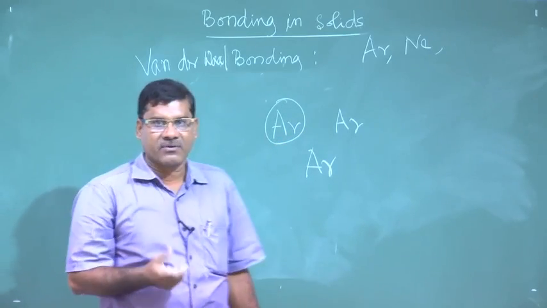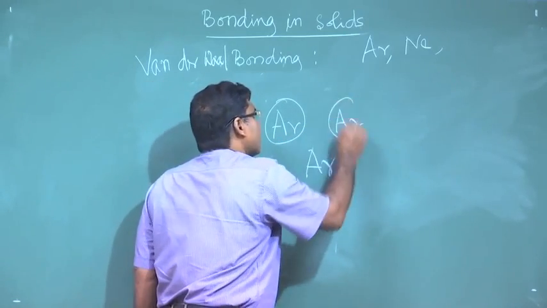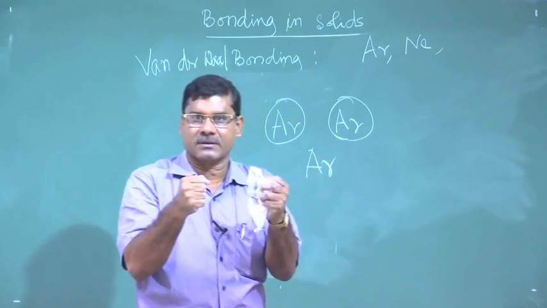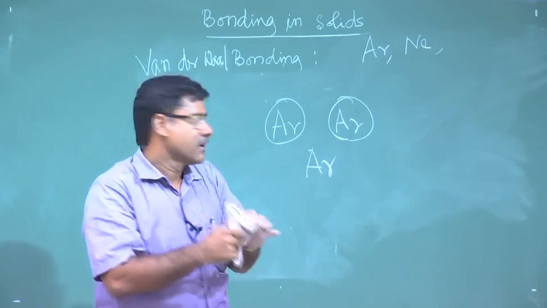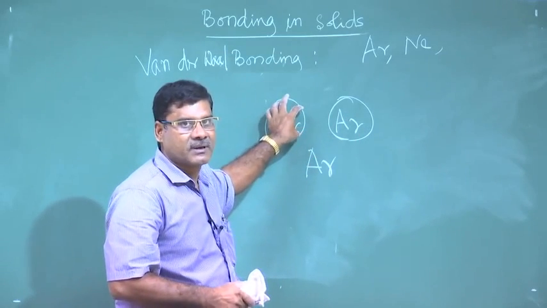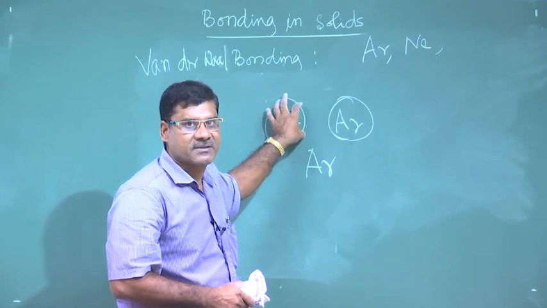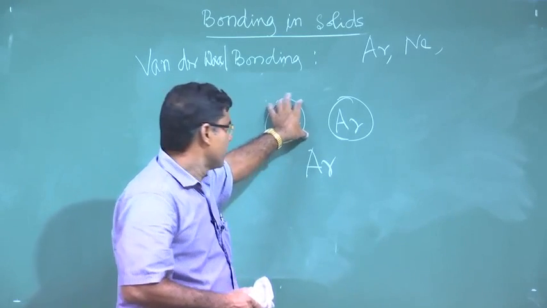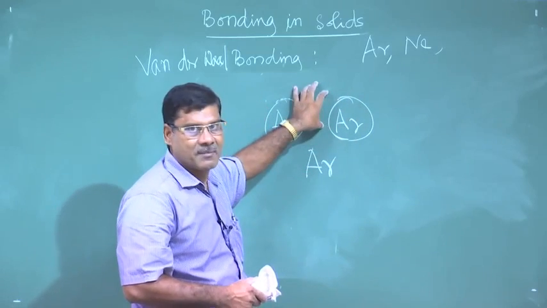So, it is a stable configuration, but when another similar atom, the same atom, comes closer, okay, then the arrangement of the charge is disturbed because of this other atom coming closer to it.